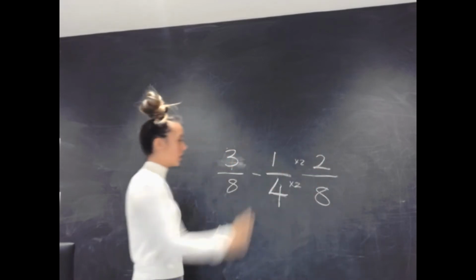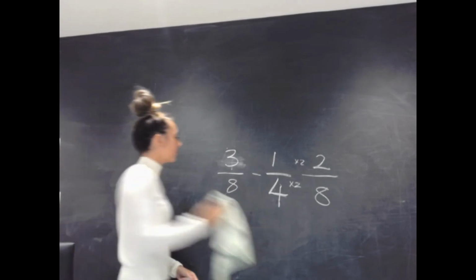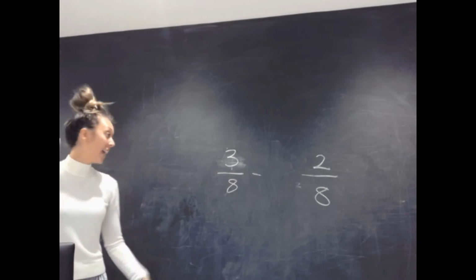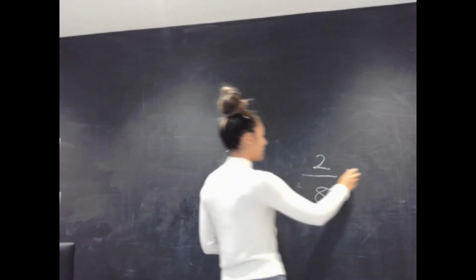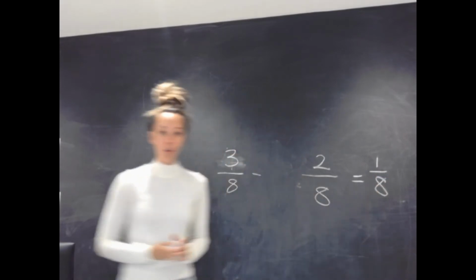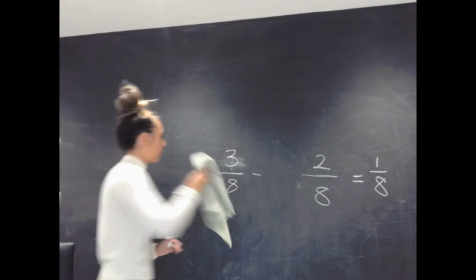So 1/4 is the same as 2/8. Now I can do that much easier. So my new question says 3/8 take away 2/8 would equal 1/8. Okay? I hope that makes it a little bit clearer for you.